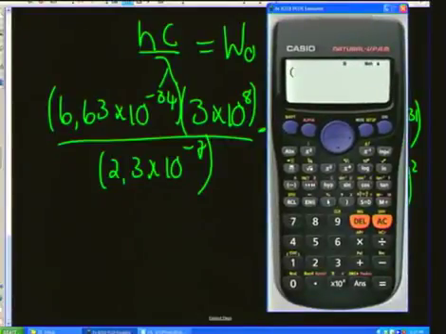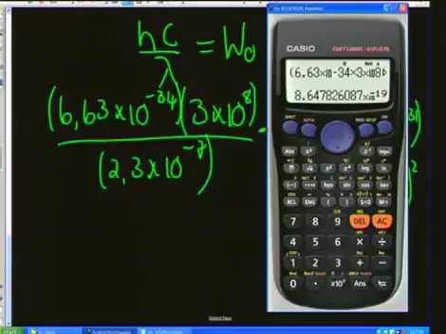So we're going to go 6.63 times 10 to the minus 34 times 3 times 10 to the 8. All of that's going to be divided by 2.3 times 10 to the minus 7. And we get 8,64. We're going to round it off straight away.